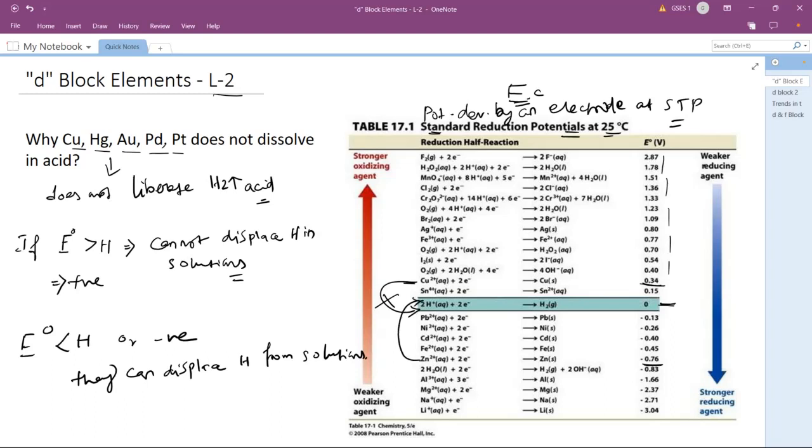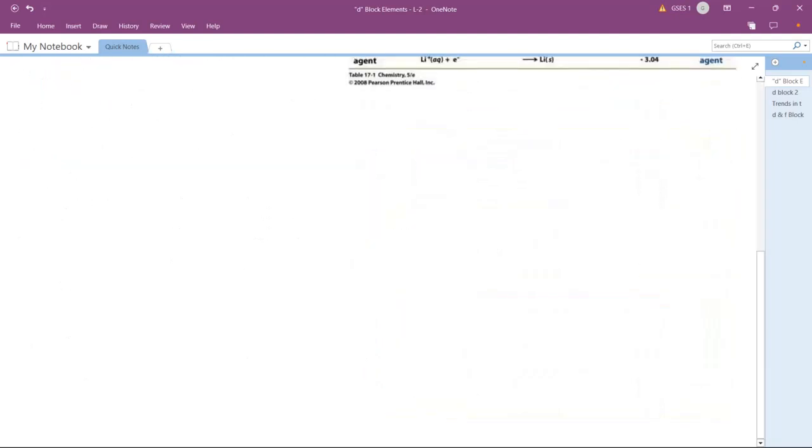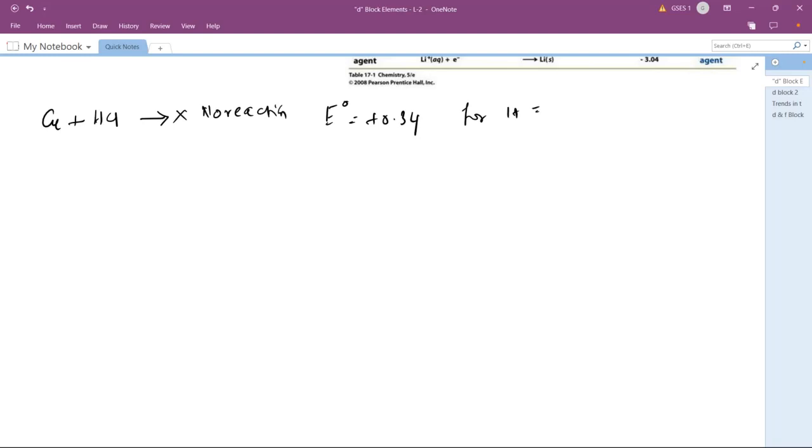Let us write the equation. Copper plus HCl: the reaction does not take place, no reaction, because the E naught value is equal to plus 0.34, while for hydrogen it is 0, so it is greater than hydrogen. It is not possible.